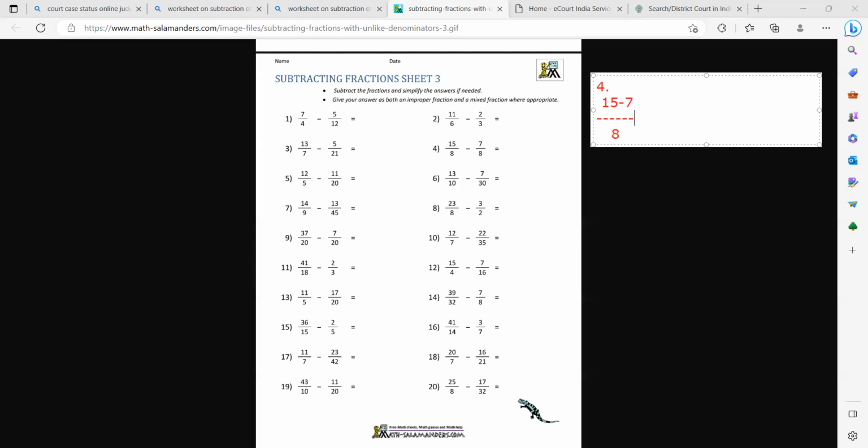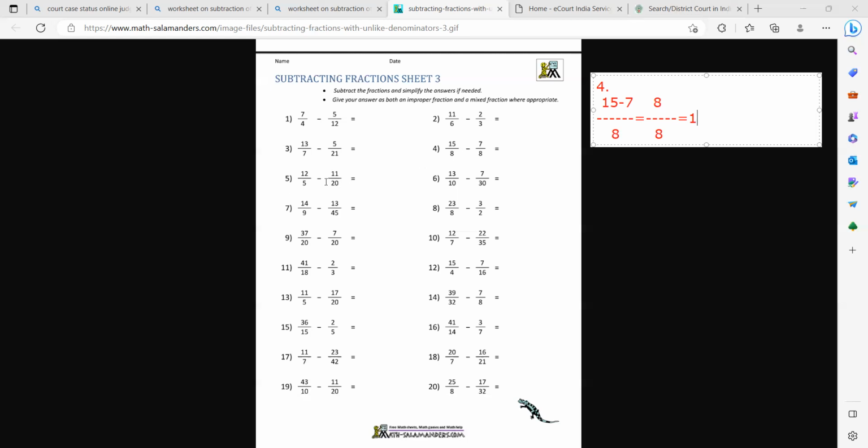And 8 divided by 8 will give us the answer as 1. 8 by 8 is equal to 1. So, this is the answer coming.